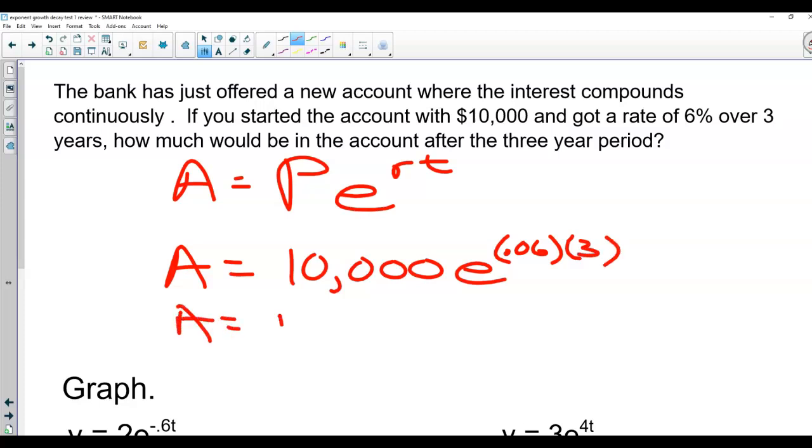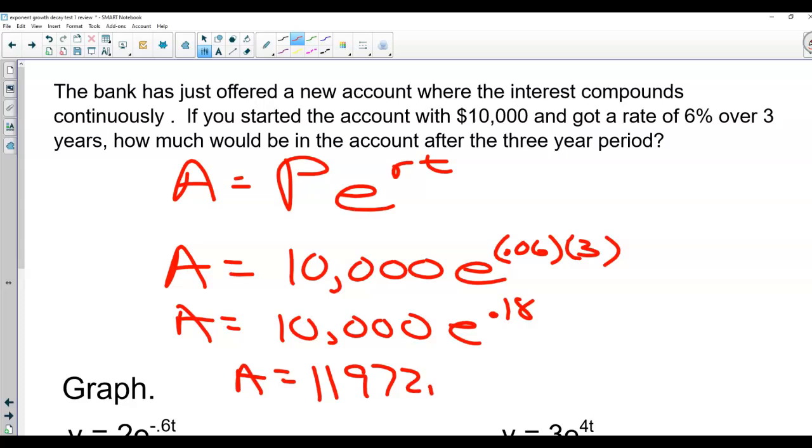So essentially I'm doing 10,000 times e raised to the 0.18. When you type that into your calculator, you're going to get 11,972.17.